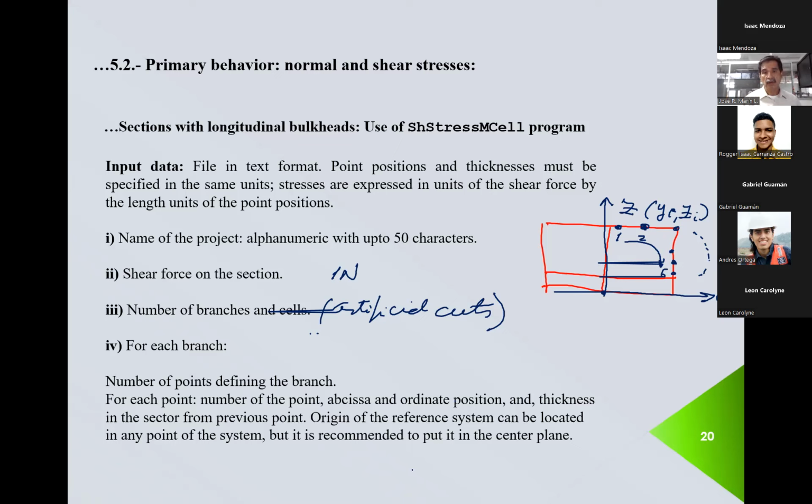As we said before, it's recommended that you include the origin of the reference system in the center line. I usually tend to put it here, center line in the bottom, but you could put it any place you want.